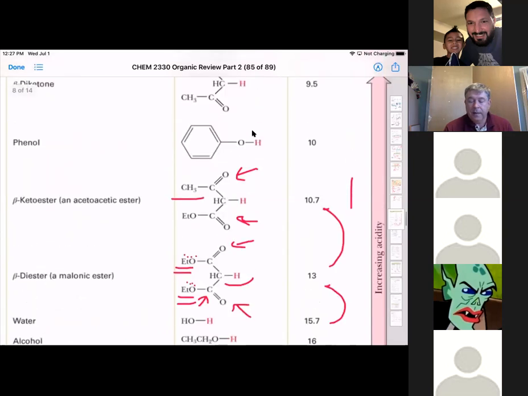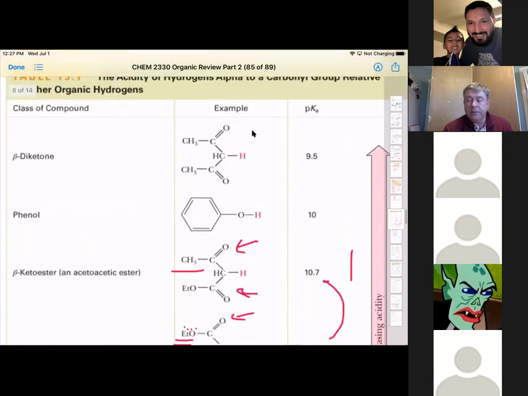Okay. And then in our most acidic set, we have what we call our beta diketones. Both of these have carbons bonded to them. The carbonyl has its fullest partially positive charge, and therefore the alpha hydrogen in between those two is the most acidic of the alpha hydrogens. Okay, so that explains the whole trend we see in that.